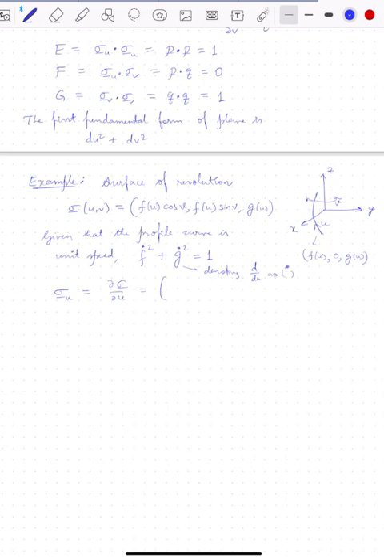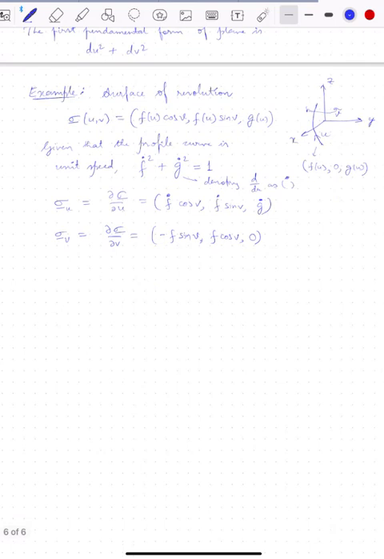So this one will be equal to f dot cosine v, comma, f dot sine v, and then g dot. Now sigma v is equal to partial sigma partial v, and this gives us minus f sine v, f cosine v, 0.